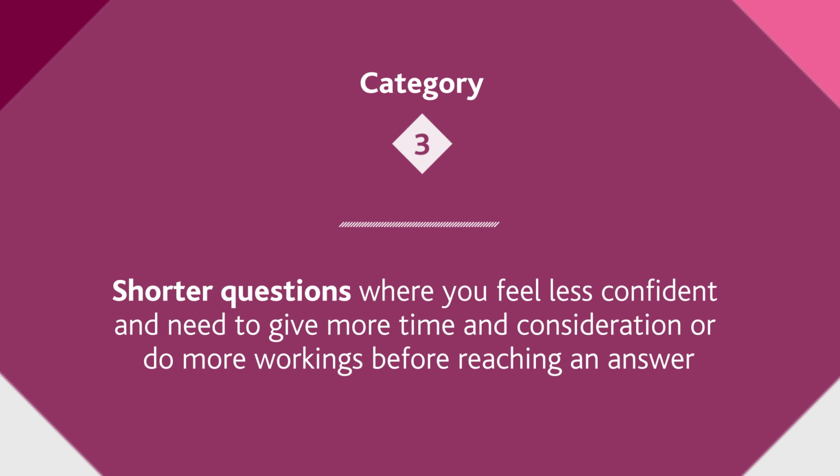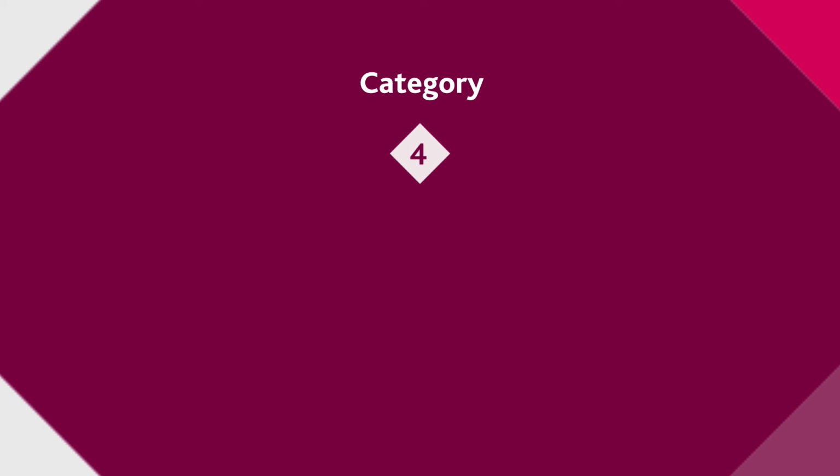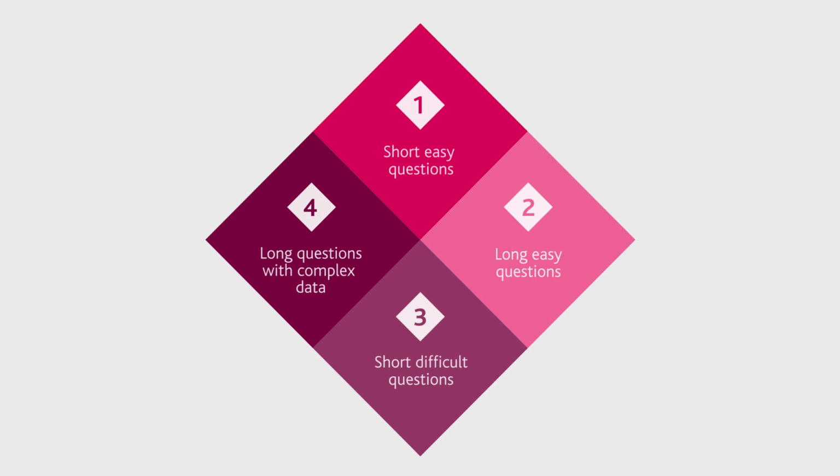Shorter questions where you feel less confident and need to give more time and consideration or do more workings before reaching an answer. Category 4. Longer questions with more complex data where you need time to consider the approach required to reach an answer. As part of your exam preparation, you should spend some time practicing exam-style questions and identifying which of the 4 categories they fall into.